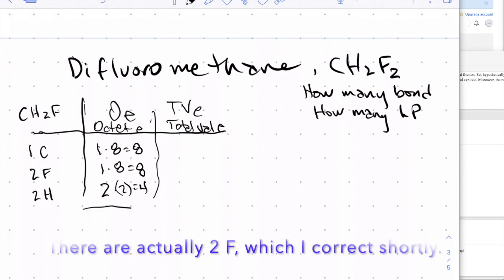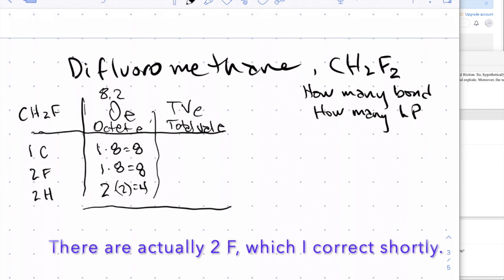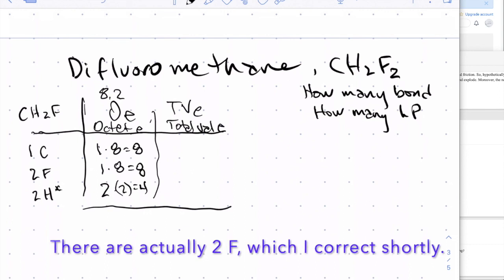Now remember that this particular column is either 8 or 2. Those are the only allowed values that this particular column will be able to contain. That's why it's called the octet column. For hydrogen, it's the duet, since hydrogen can't contain 8. It can only contain 2.